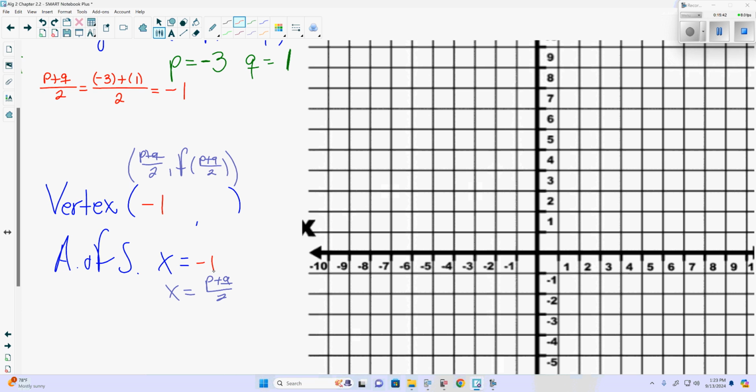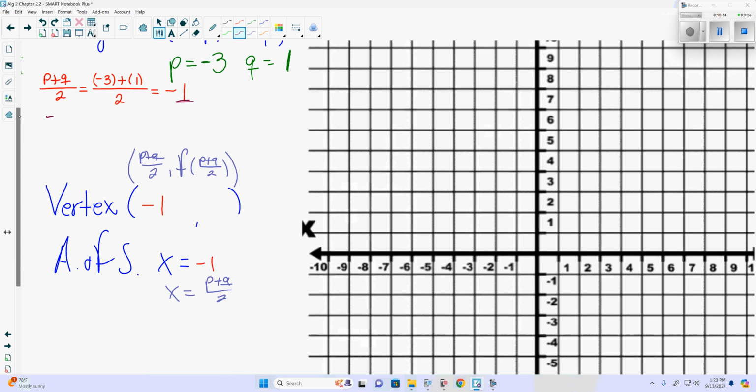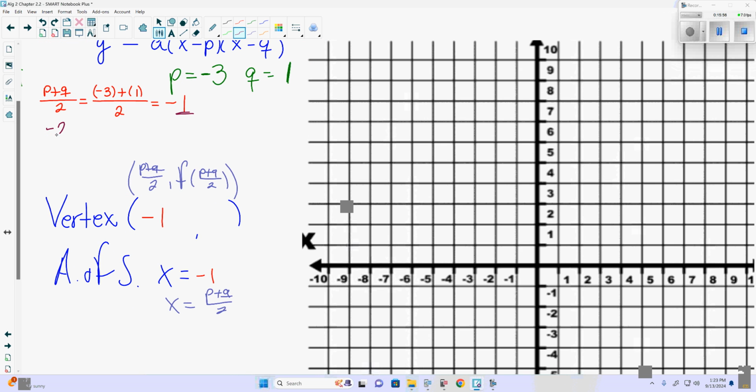Now our f of p plus q over 2 is exactly what we did yesterday, our f of negative b over 2a. All we have to do is take this value of negative 1 and plug it back into the equation. So for us here, we have negative 2 times negative 1 squared plus 3 times negative 1 minus 1. Again, we can do this by hand or in the calculator.